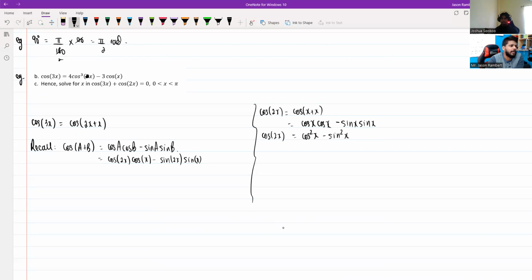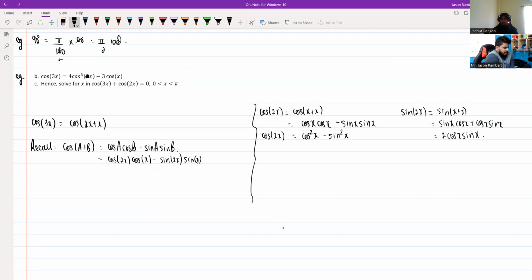Similarly, I have sine of 2x is equal to sine of x plus x, which is sine x cos x plus cos x sine x. And this is 2 cos x sine x, or 2 sine x cos x.